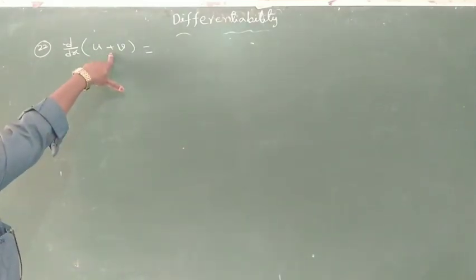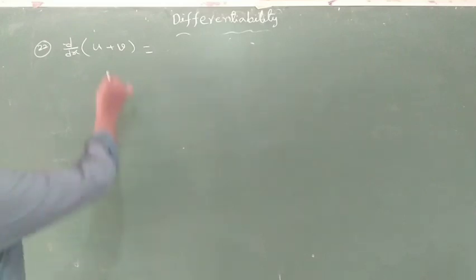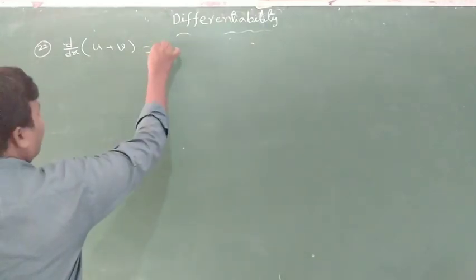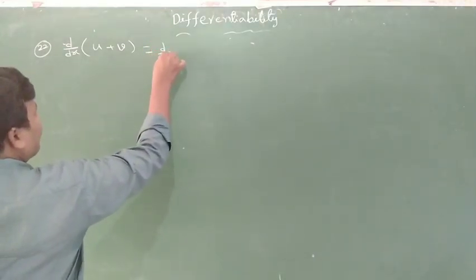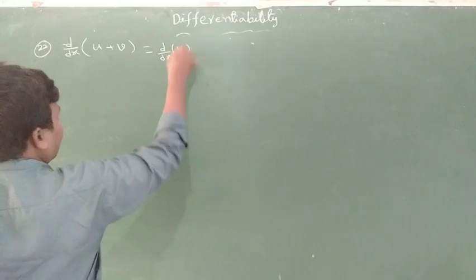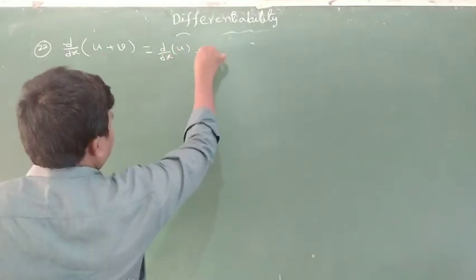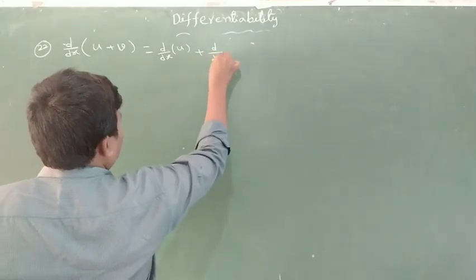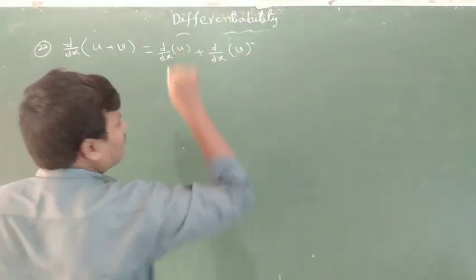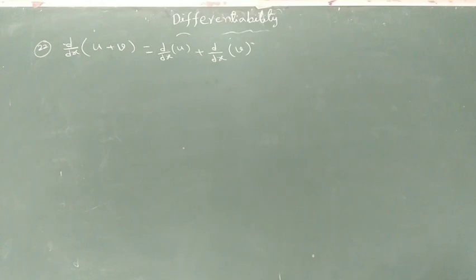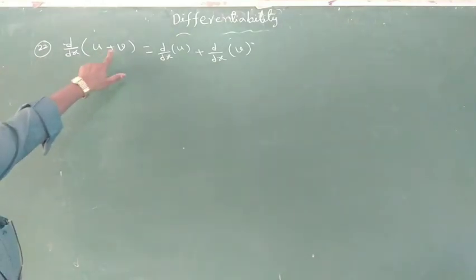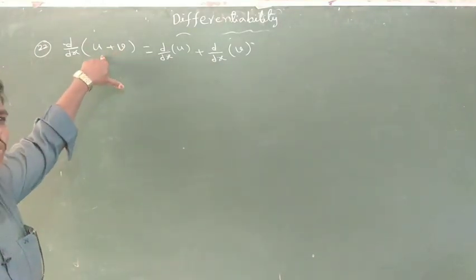The derivative of u plus v is equal to the derivative of u, the operation is plus, derivative of v. Okay, derivative of two or more functions.